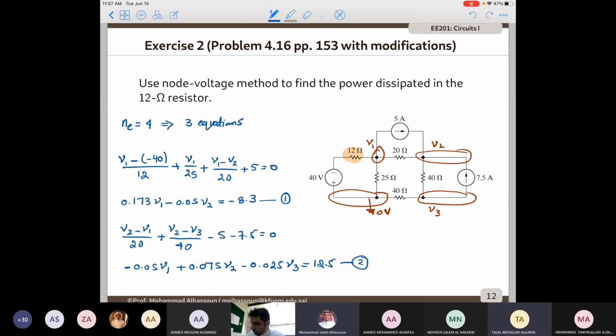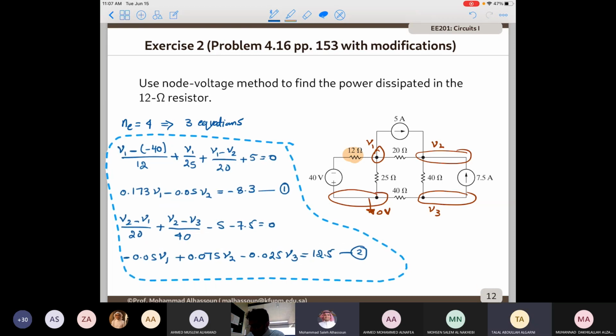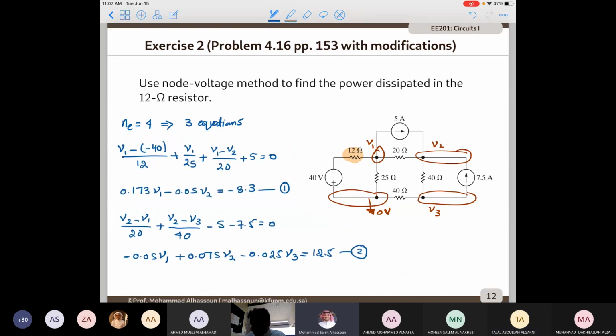So V3 divided by 40, and V3 minus V2 over 40, plus 7.5 equals 0.